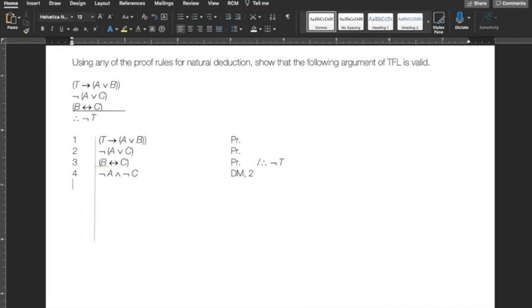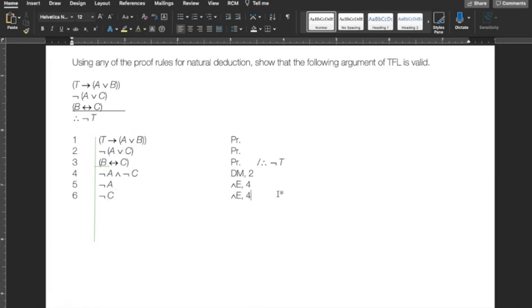And now that we have a conjunction, we can actually apply more non-subproof rules. So we can get not A, and that's by conjunction elimination applied to line 4. And we can get not C as well by applying conjunction elimination to line 4.